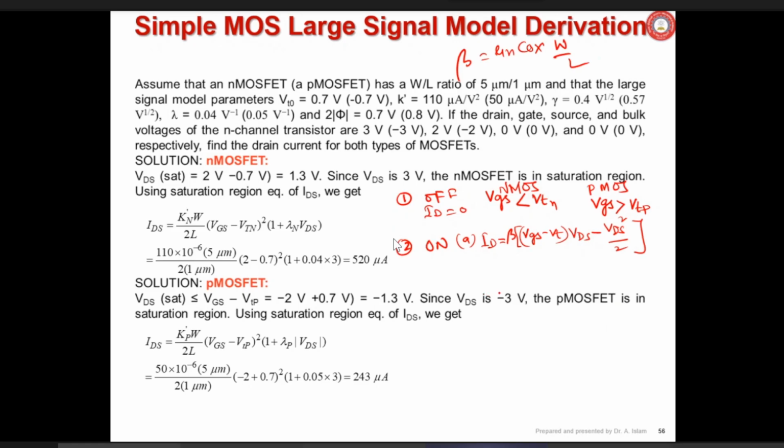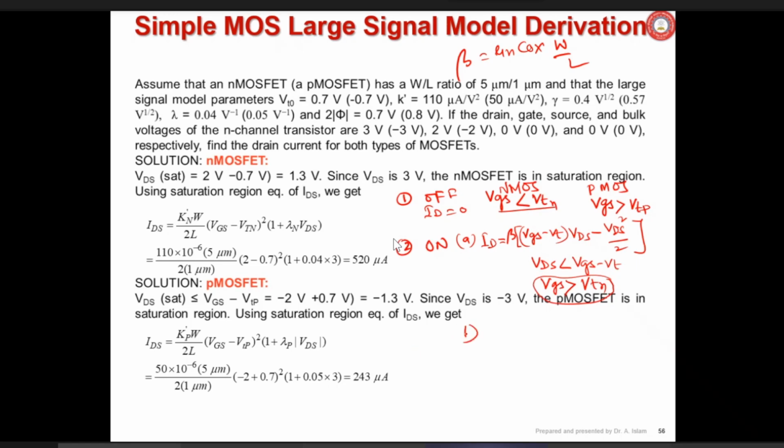The condition for this linear region equation is VDS less than VGS minus VT. Of course, the first condition always is that VGS should be greater than VTN. You have to check first that it is in the on state. Once it is on, then only you check whether it is working in saturation or linear.